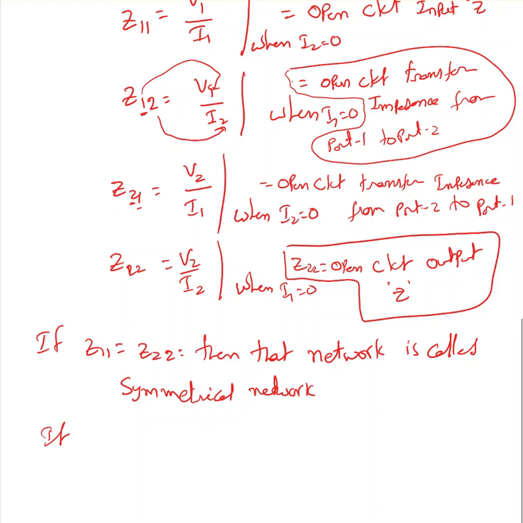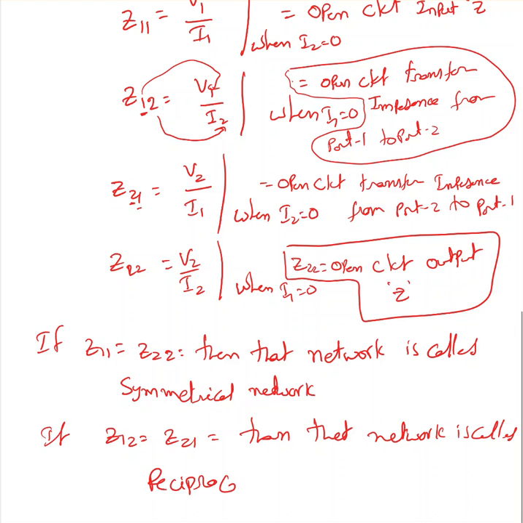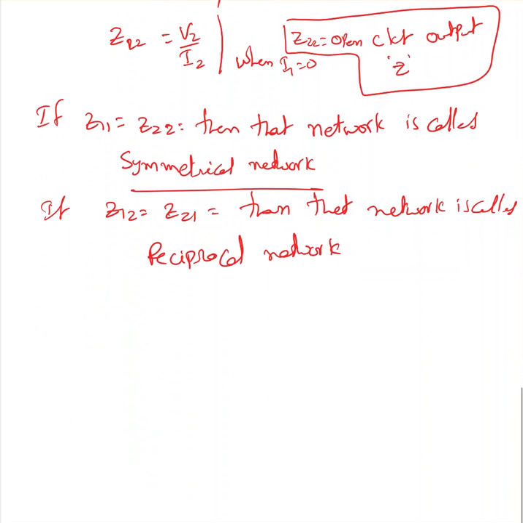If Z12 equal to Z21, then that network is called a reciprocal network. So one is a symmetrical network if Z11 equal to Z22, and if Z12 equal to Z21, that's called a reciprocal network.